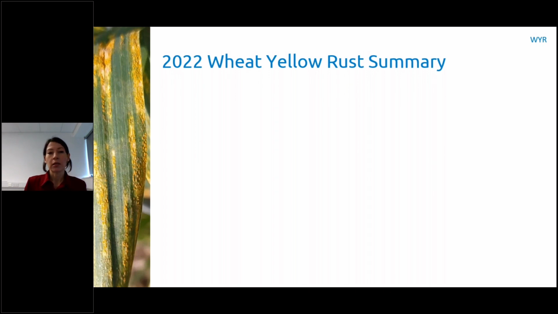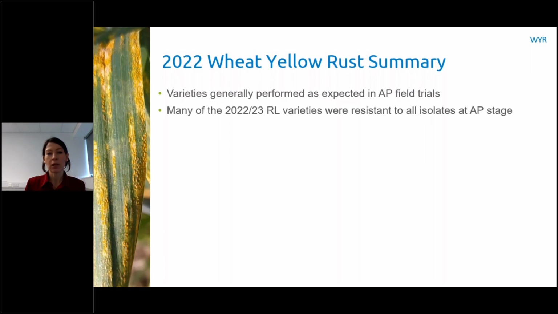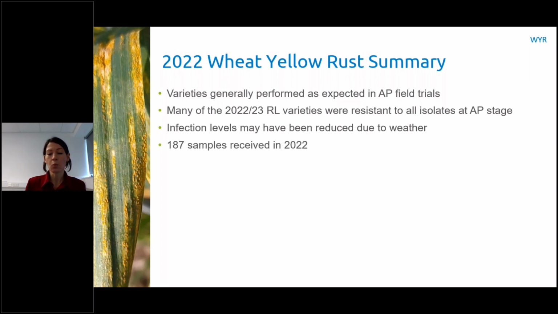So a summary for the wheat yellow rust. The varieties generally performed as expected in adult plant field trials. Many of the 2022 RL varieties were resistant to all isolates at adult plant stage. Infection levels may have been reduced due to the weather. We received 187 samples in 2022.